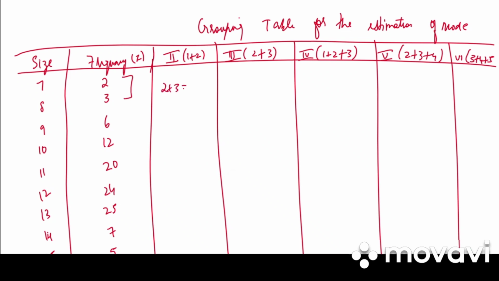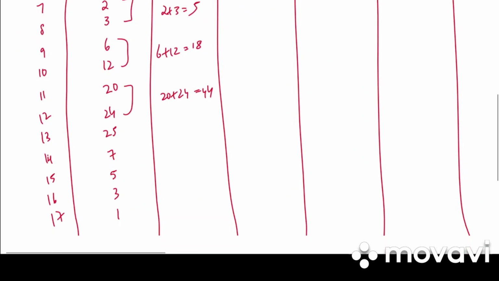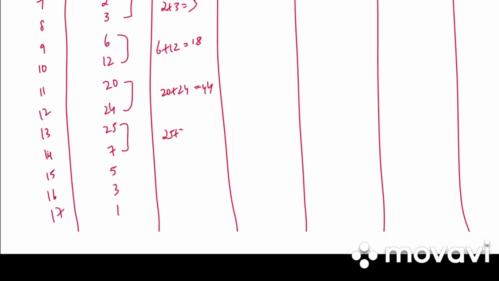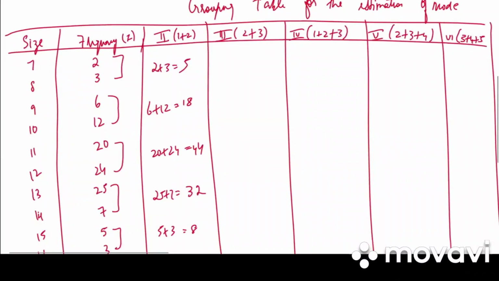Next is 1 plus 2. So 2 plus 3 is 5. 6 plus 12 is 18. 20 plus 24 is 44. 25 plus 7 is 32. 5 plus 3 is 8. Then we have 2 plus 3.